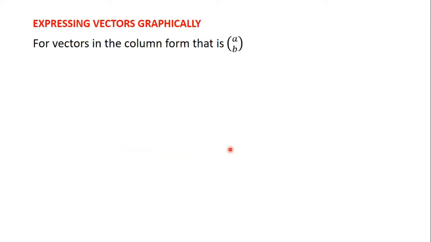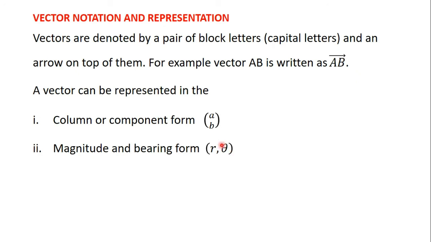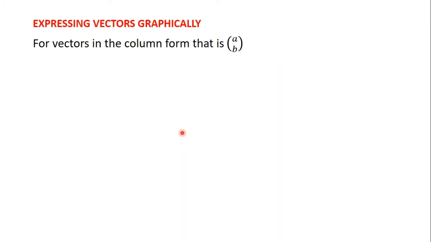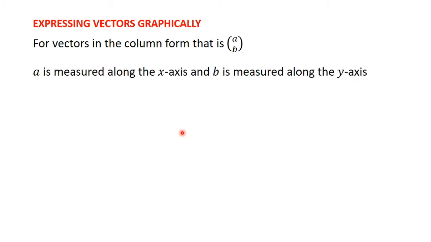How do we represent vectors on diagrams, or how do we represent vectors graphically? We are going to consider each case. We will first consider the column or component form. To represent vectors of the column form on diagrams, A is measured along the x-axis and B is measured along the y-axis.